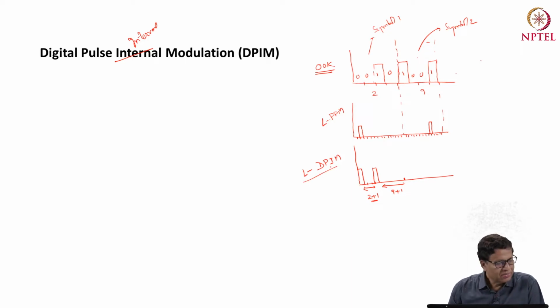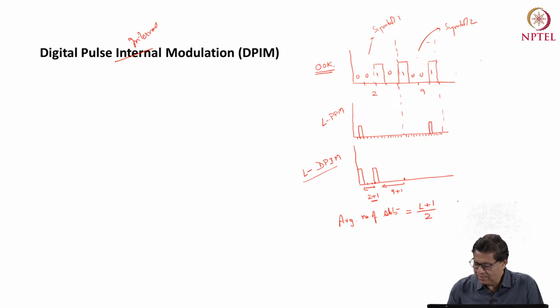So this is how L-DPIM looks like. And if you see the average number of slots, if you don't give any guard band, then there may be an issue of intersymbol interference. The maximum value can be L, the minimum value can be 1 time slot, so the average value will be (L+1)/2.